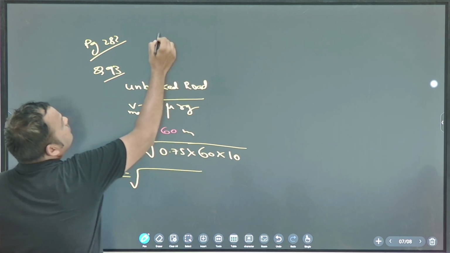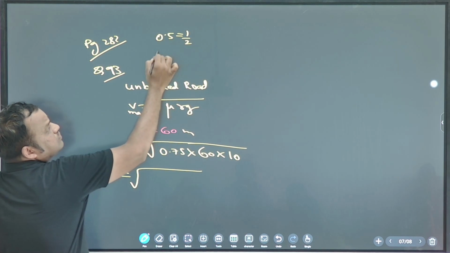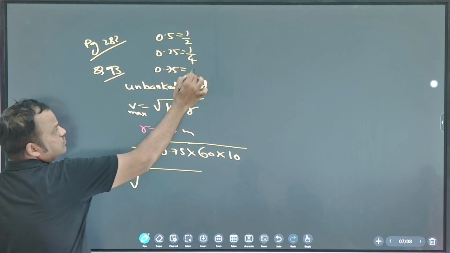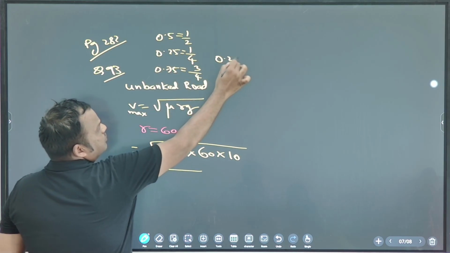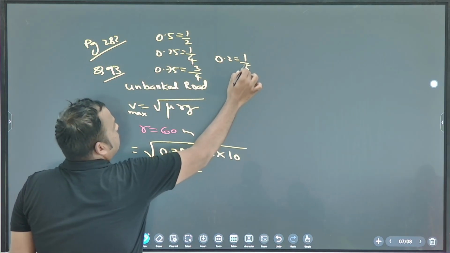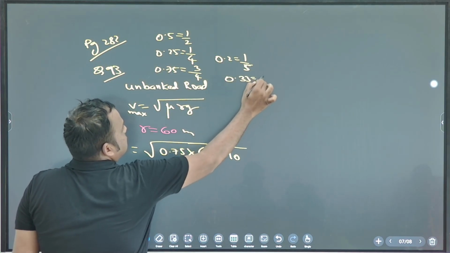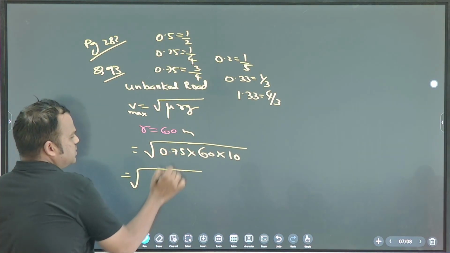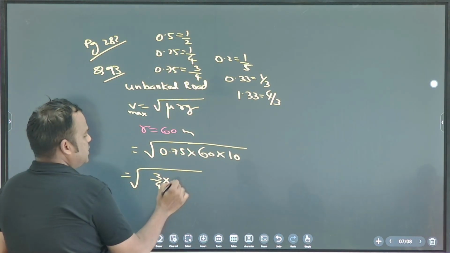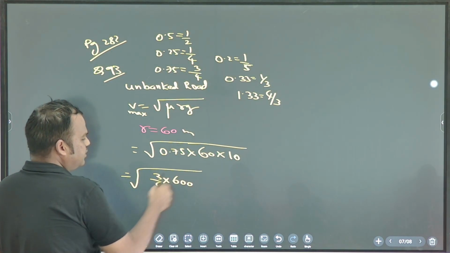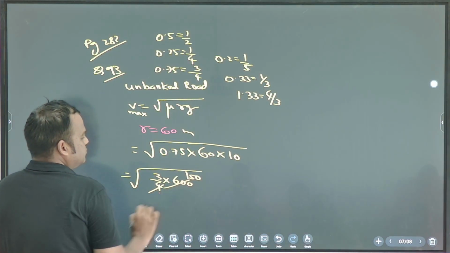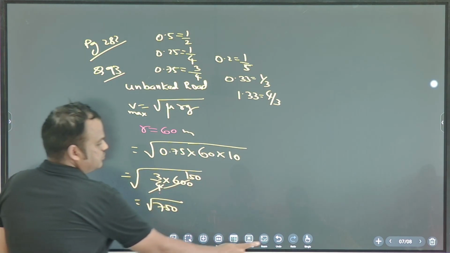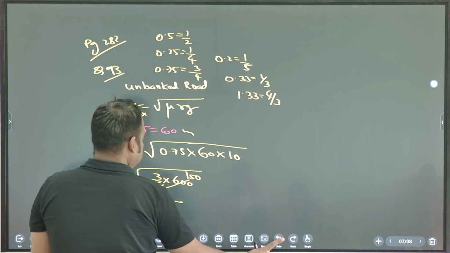You know 0.5 is 1 by 2, 0.25 is 1 by 4, 0.75 is 3 by 4. What is 0.2? 1 by 5. 0.33? 1 by 3. 1.33 is 4 by 3. So this 3 by 4 into 600. 600 by 4 is 150. So 450. Square root of 450.